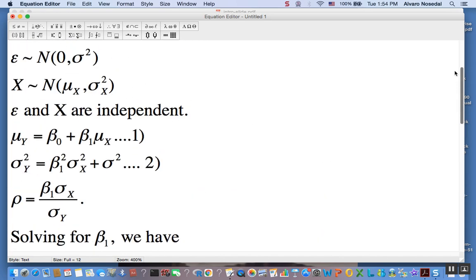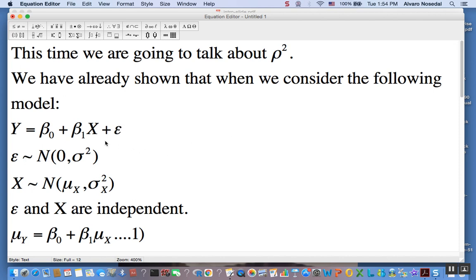If the variance is 0, that means that you have no error, right? And when that happens, that means that this relationship is exact. So rho equals plus minus 1 only when sigma square equals 0, and in that case you have a perfect linear relationship.